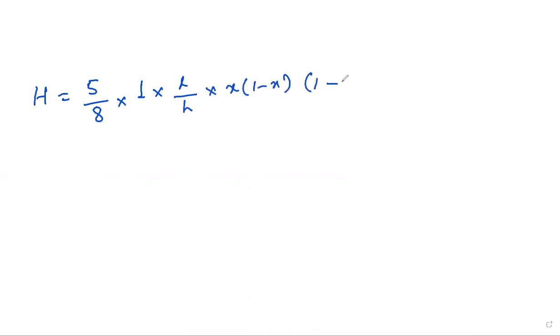Okay, then H is equal to 5 by 8, W is 1, into L by h, into x into 1 minus x into 1 plus x minus x square.